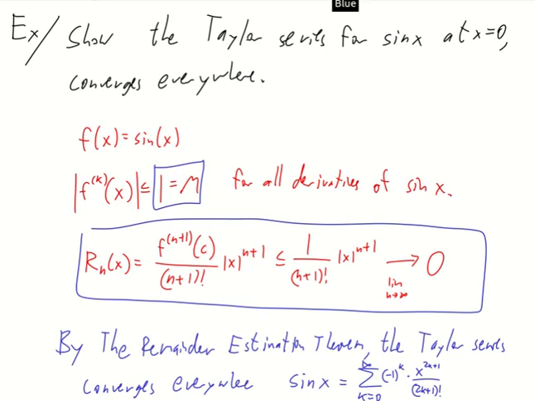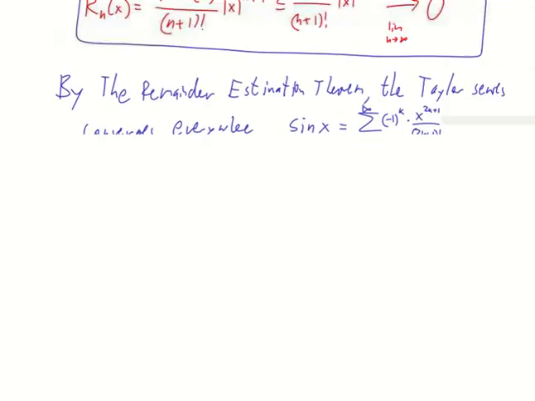And then more than that, we can even say, if we look at a particular estimate of the sine using these terms, for instance, sine of x is approximately equal to x minus x cubed over 3 factorial, if we just look at the first two terms.